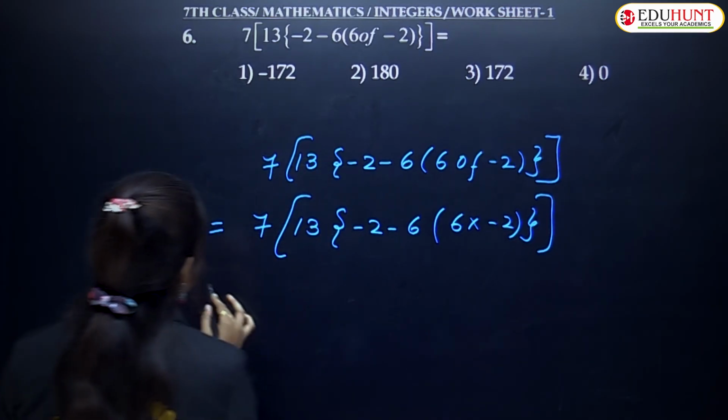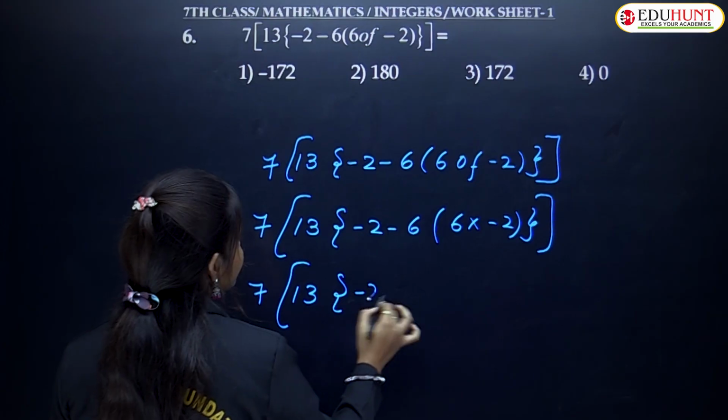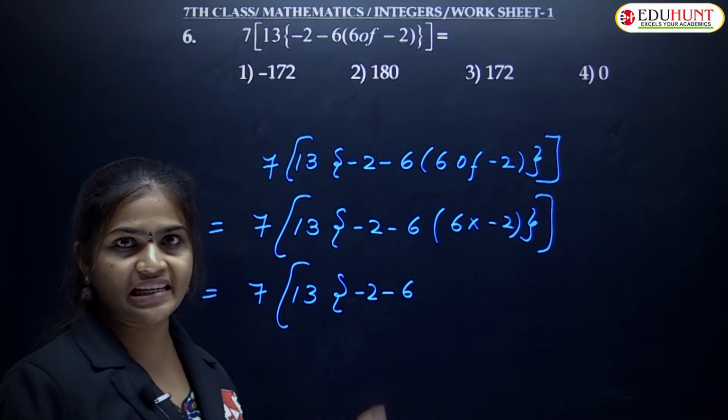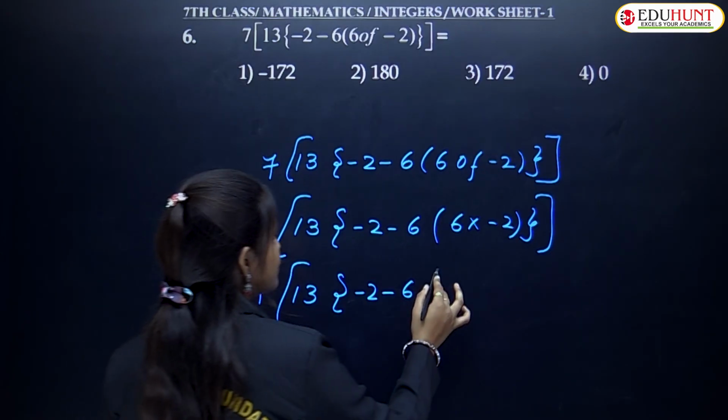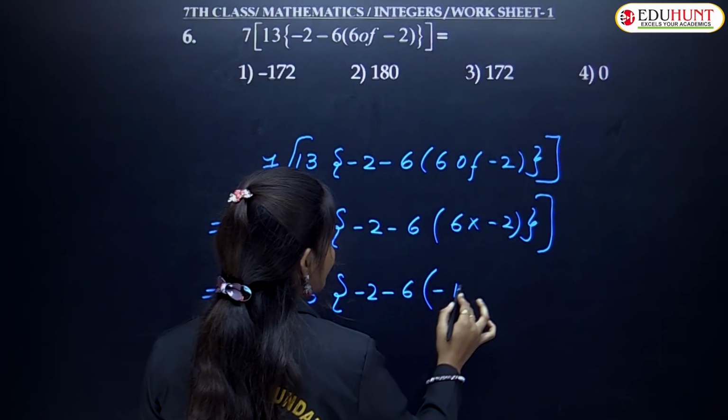First you have to simplify what is in the brackets. 6 into minus 2: 6 2s are 12, so minus 12.